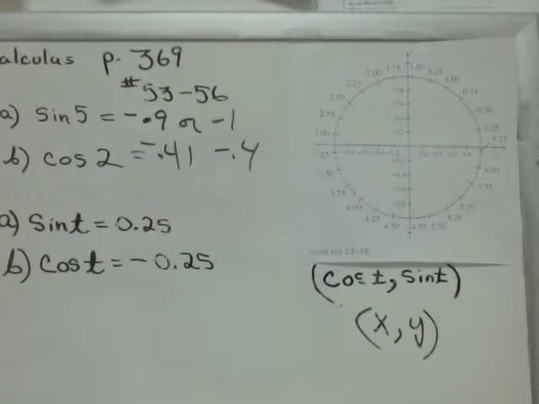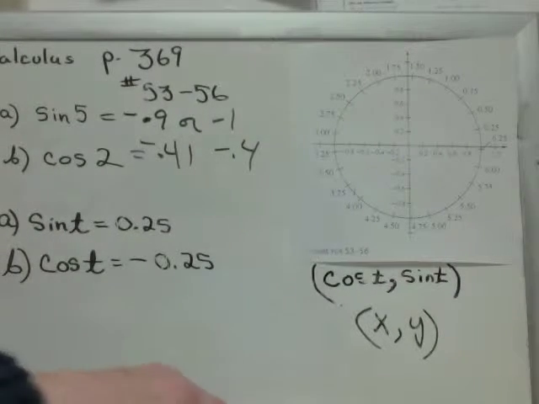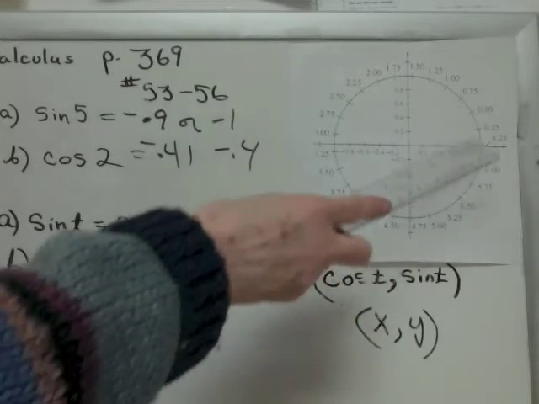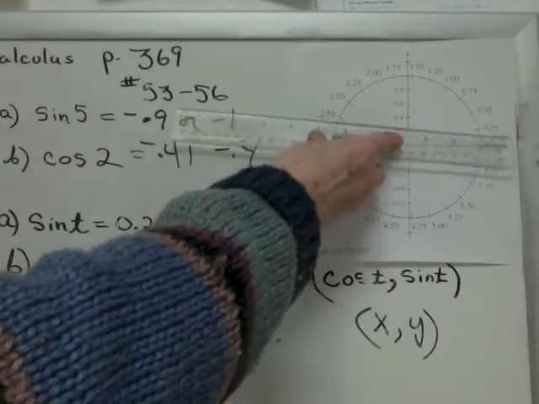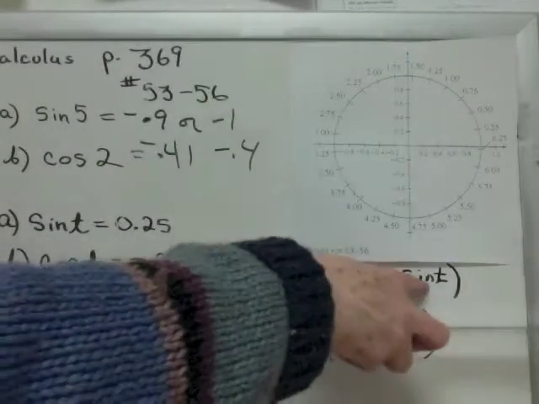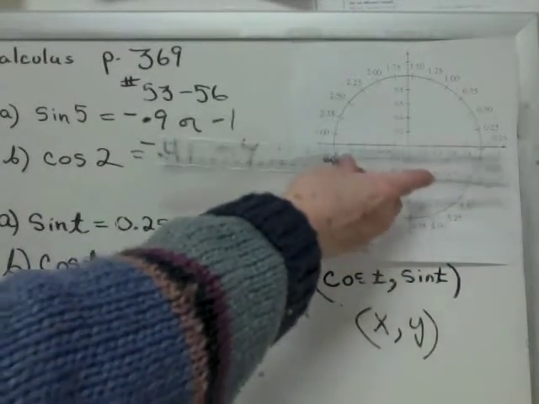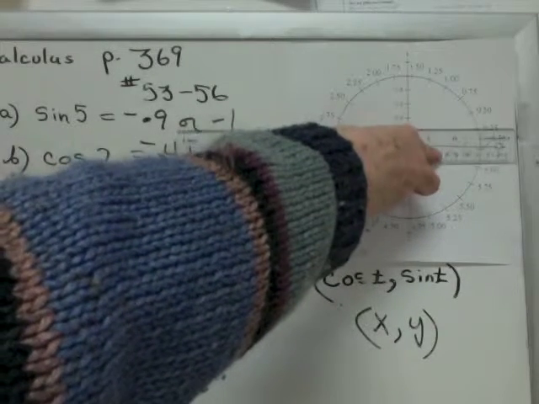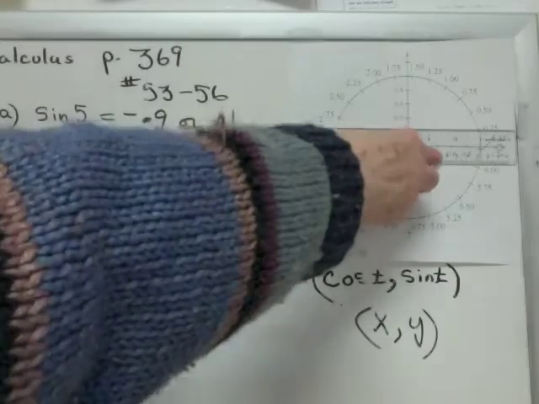So go up to 0.25 and place a ruler across the unit circle at the 0.25. So where is 0.25? Right there, right? So place a ruler across, because we're doing sine, right? And sine stands for the y value, so the y value is at 0.25.